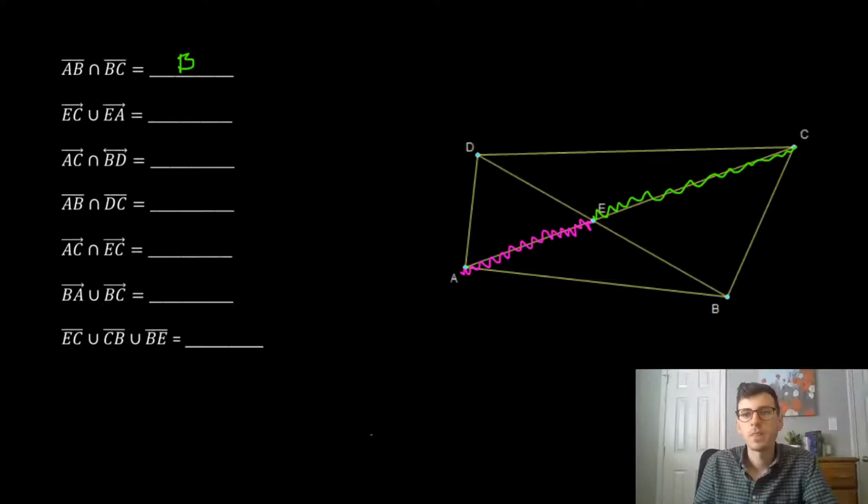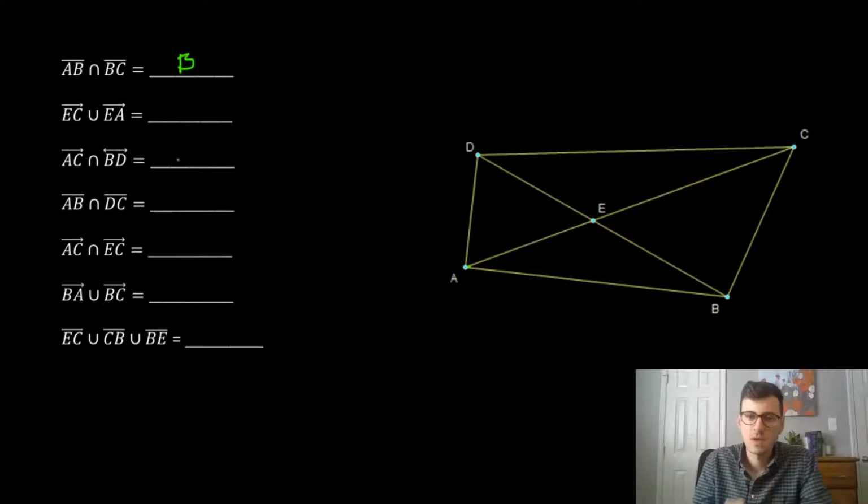The thing that we want to note here is that it's the rays. So when we say ray EC, it really is extending on past our figure. And when we say ray EA, it really is extending out here past the figure. So if I union those two rays, well, we get a line, right?